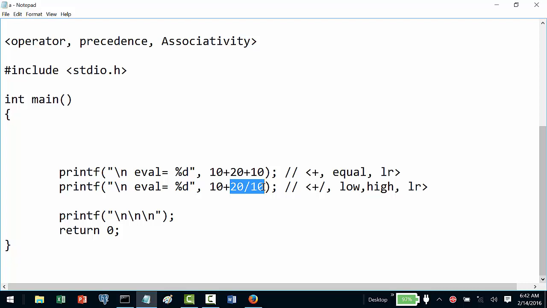Now 20 by 10, if two operands are integers in C, the result will be an integer, which will be 2. And then the 2 gets added to 10, which is 12. Because if I did 10 plus 20 by 10 left to right, the answer would be 15. So we get a different answer if you do not know the precedence or priority of the operator.